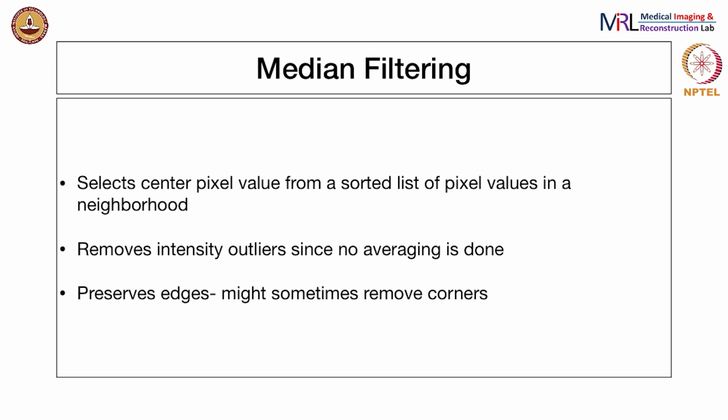Since you are not averaging, very large outliers are easily removed, and this is very good at removing something called salt and pepper noise. So random high pixel values or random low pixel values are easily removed, and you don't lose the edge as much since you are doing the sorting and then choosing the middle value.